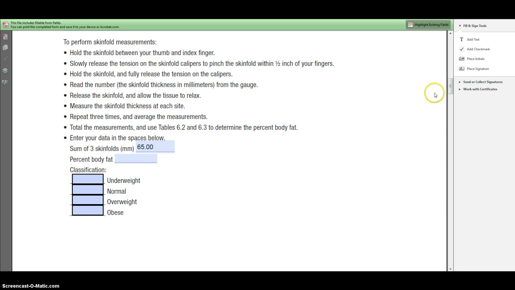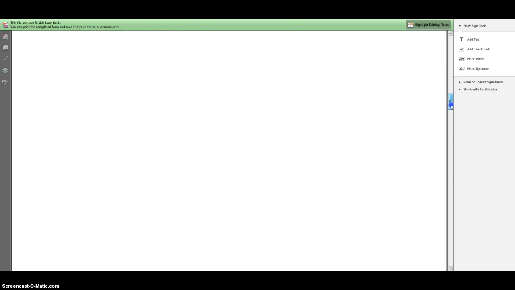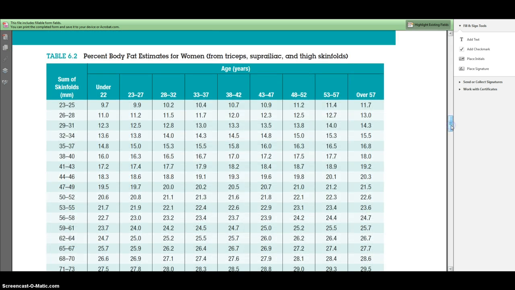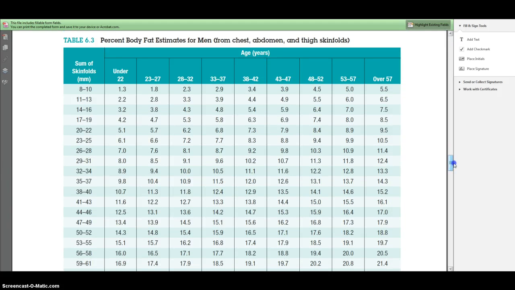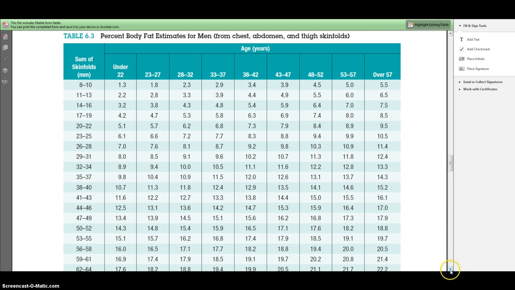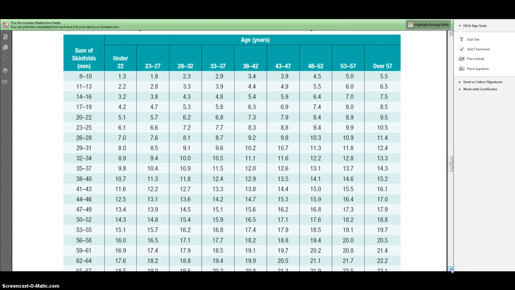We have to use our estimation chart here. So I'm going to go down towards the bottom. Ladies, if it's you, you have table 6.2 here, and you can start there. But gentlemen, we'll need to go ahead and scroll down one more page to 6.3. This is the estimate for men. So I'm 37 years old. My sum was 65.